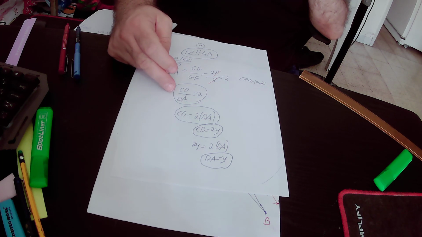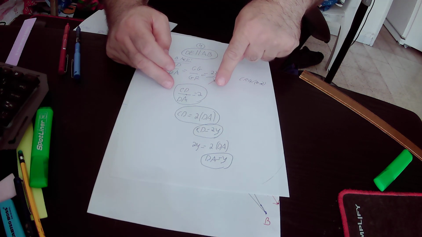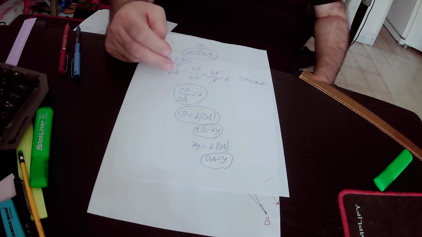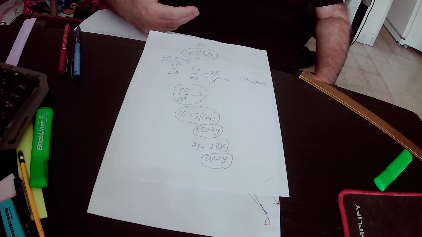So CD over DA equals 2. Here we will multiply this equality by DA, and we will get that CD equals 2 times DA. So CD is twice as large as DA.